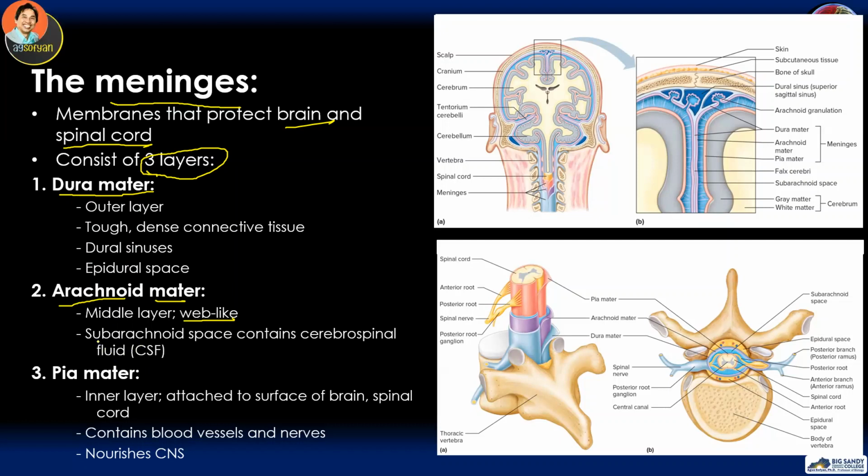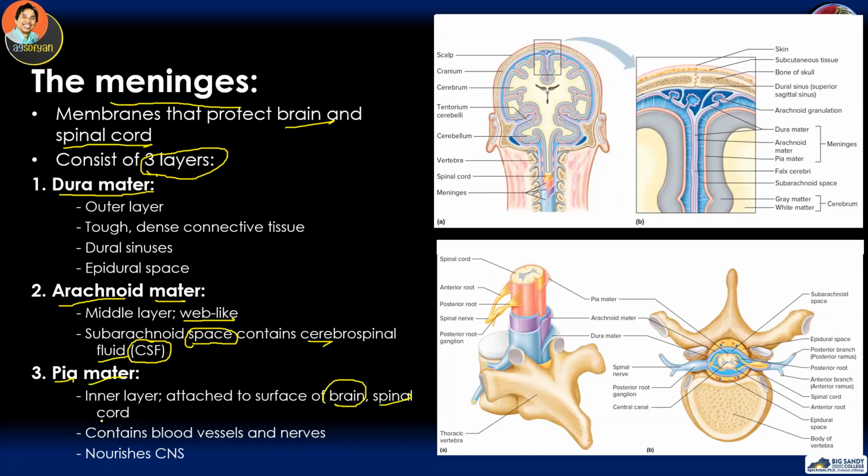It has a space called the subarachnoid space, and this space contains a very important fluid for the brain and spinal cord, called the CSF, cerebrospinal fluid. And the last, inner layer is called the pia mater, and this is the layer that attaches directly to the brain and the spinal cord.